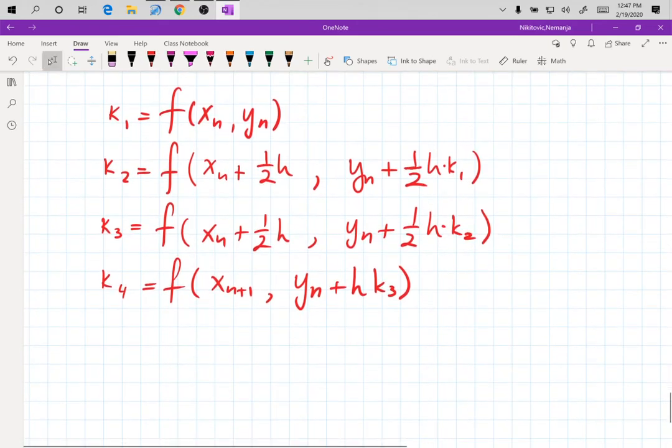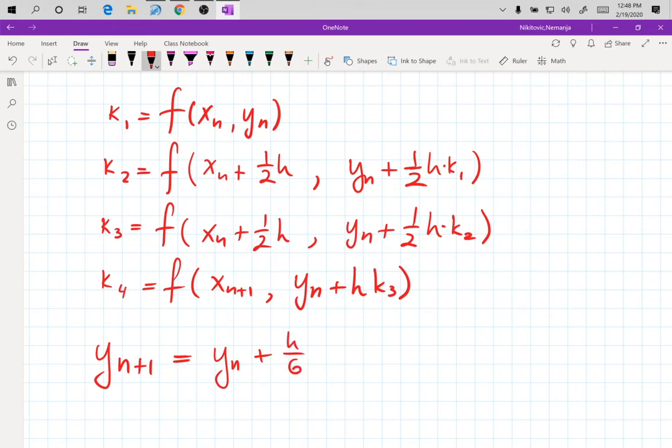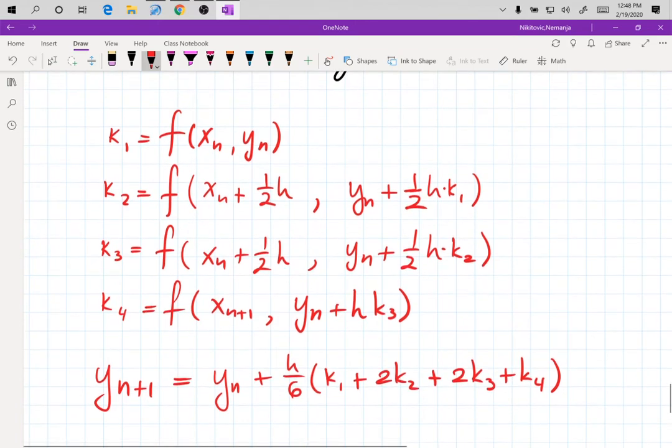And finally, yn plus 1, which is the new y you're computing, is the old y, which is yn, plus h over 6 times K1 plus 2K2 plus 2K3 plus K4. And end of loop.